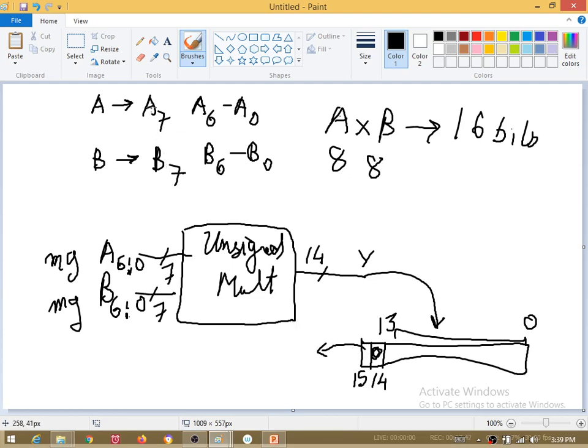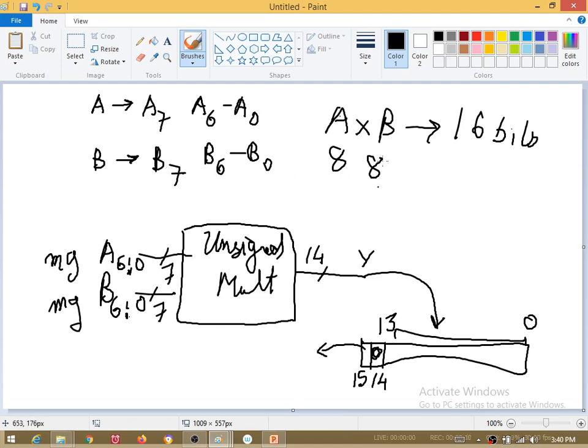If B is negative and A is positive, then my final answer here is also supposed to be a 1. If A and B both are positive, both of these will be 0, and then my final answer here is supposed to be 0.